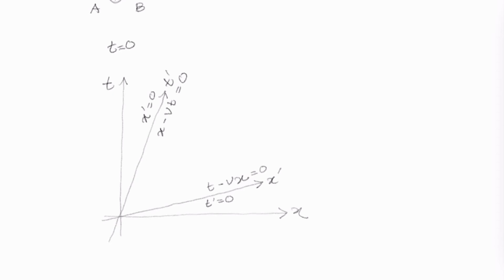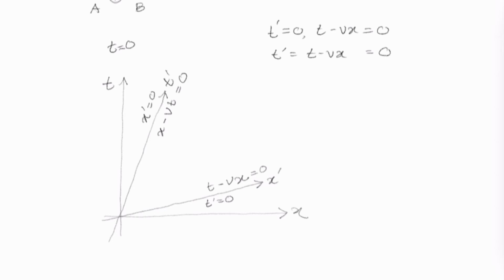The first one is when t bar equals 0, we want t minus Vx also to be equal to 0. This is because we want them to be one line, not two lines. So t bar equals 0 and t minus Vx equals 0.